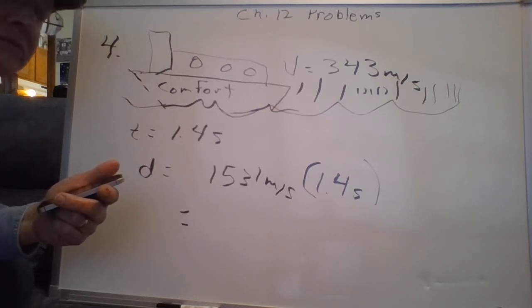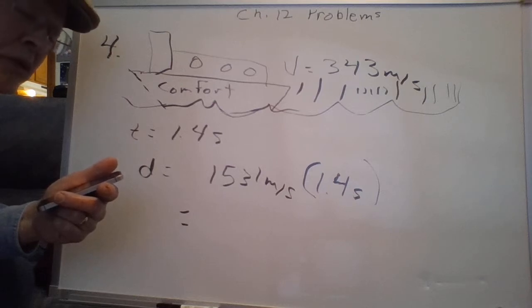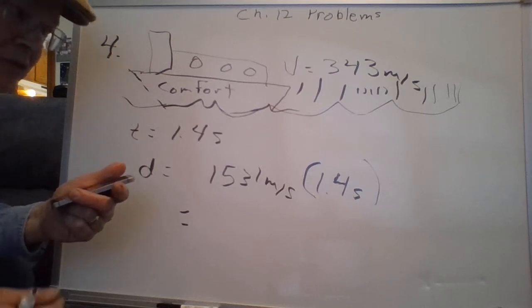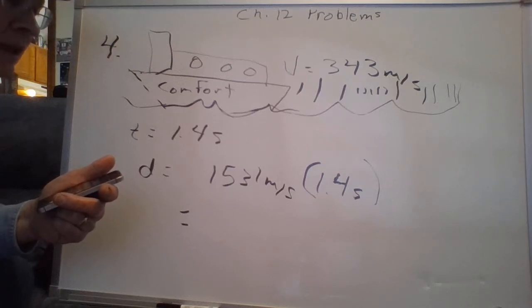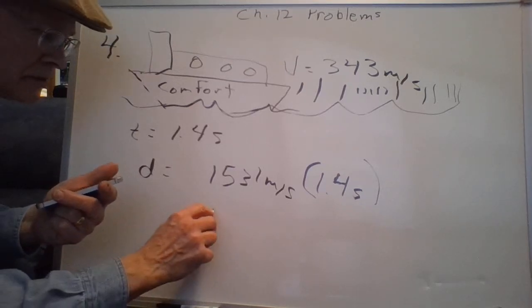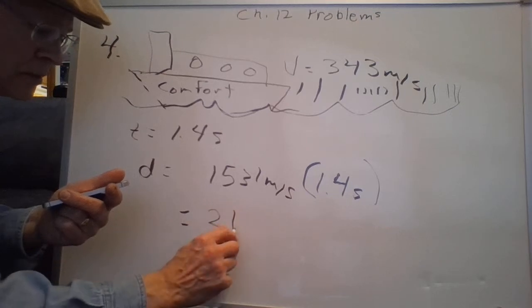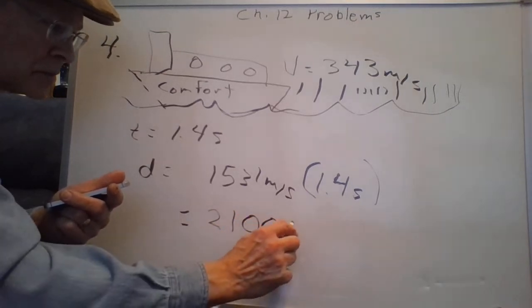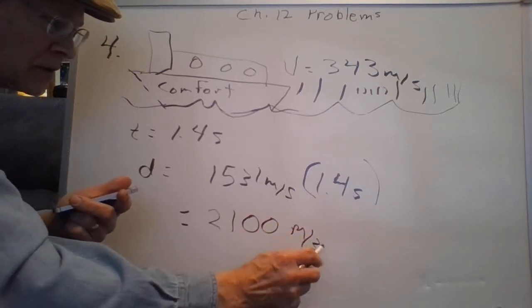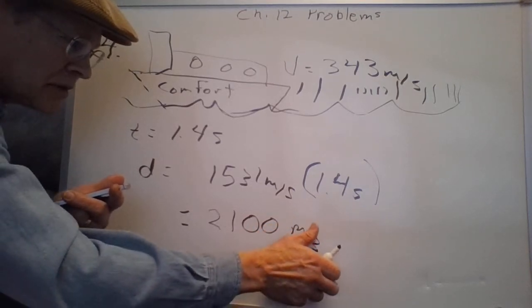If you use sound in air, it would be 343 times t plus 5, so that'd be times 6.4. And either way, you should get the same distance. 2,000, to two significant figures, 2,100 meters. Oops, distance. That would be meters.